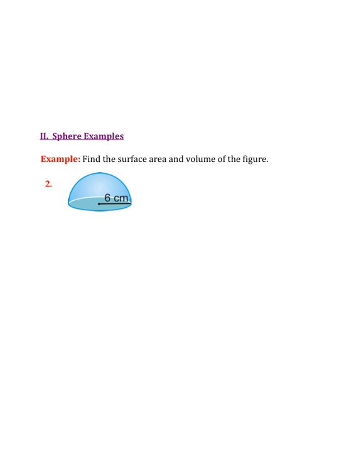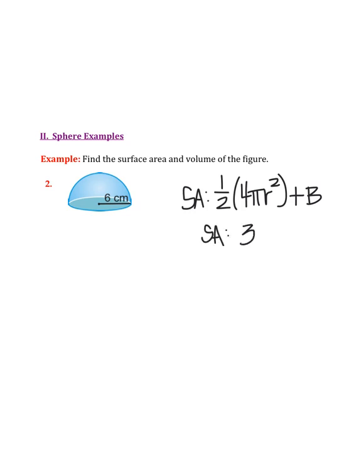So let's see. For my surface area, I've got two options. I can either think of it as half of my surface area plus one base, which in this case a base would be a circle, or I can also use surface area as 3 pi radius squared.